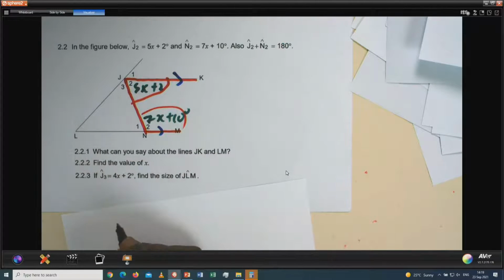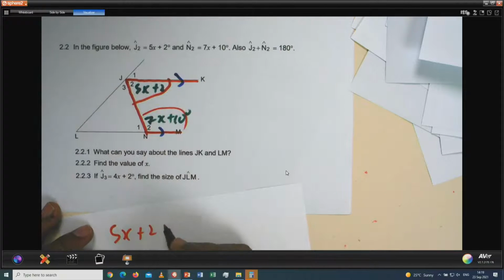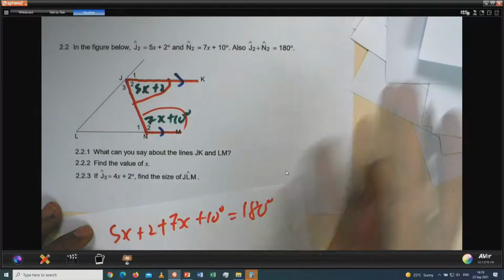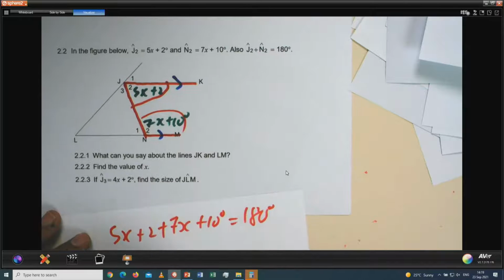You can easily say, okay, 5x plus 2, co-interior, plus 7x plus 10 equals 180. We know it's because of parallel lines. They have just given us that.